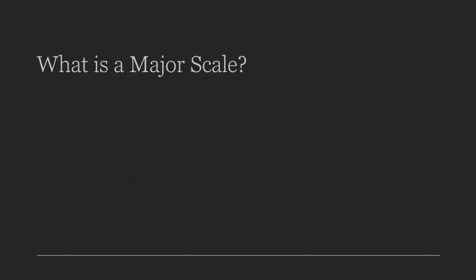Okay, so what is a scale? Let's start from there, or a major scale. Now, a major scale is one of the most commonly used musical scales in Western music. It is very common.